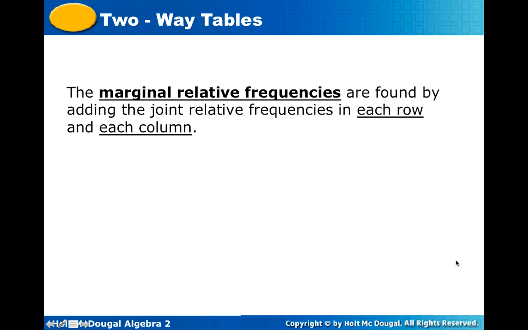The marginal relative frequencies kind of go hand in hand with joint. So marginal, we're just going to add up each row and each column. There's another word right there, and then we're going to add up each row and each column in our table.